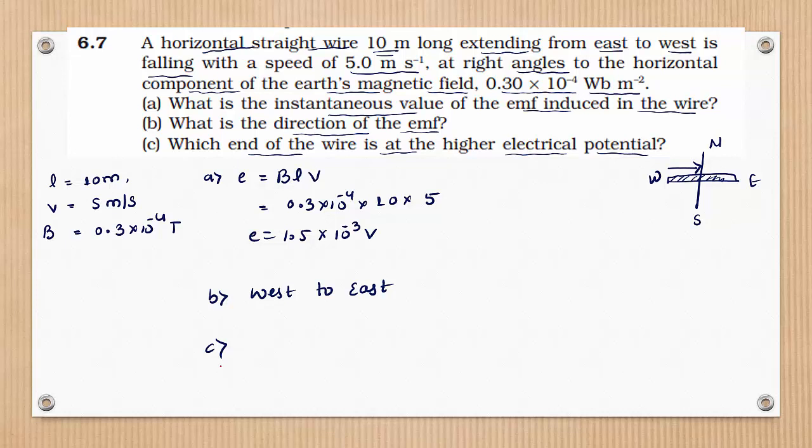Which is having higher potential, whether east or west end. Here the west end of the wire is having high electric potential because induced EMF takes place there, at the west end. So we can say that the west end of the wire is at higher electric potential.